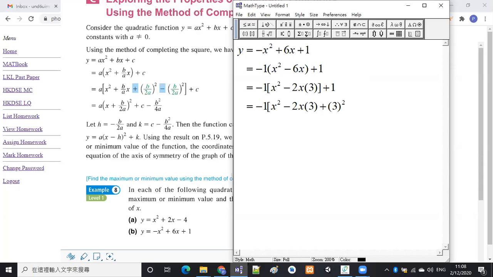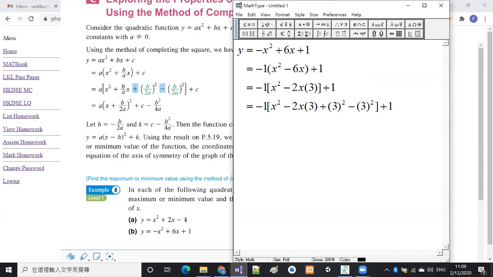Okay, but I need to do the compensation at the same time. Because I add some extra thing to the expression, and then I need to subtract away the same thing immediately. Okay, so that will be like this.